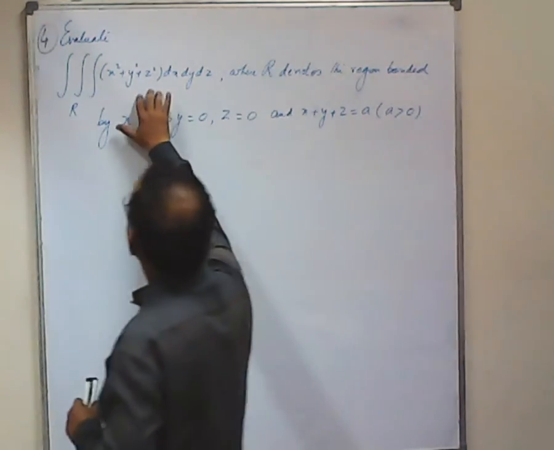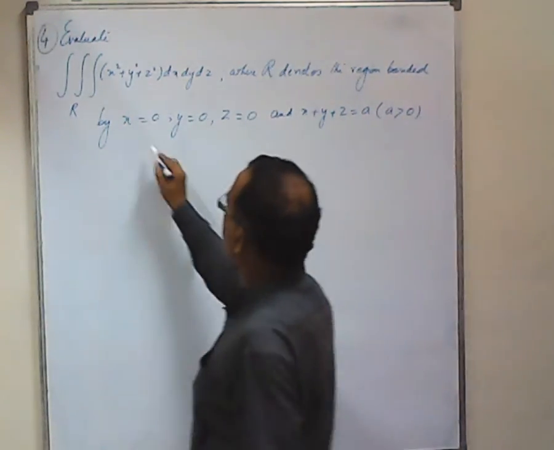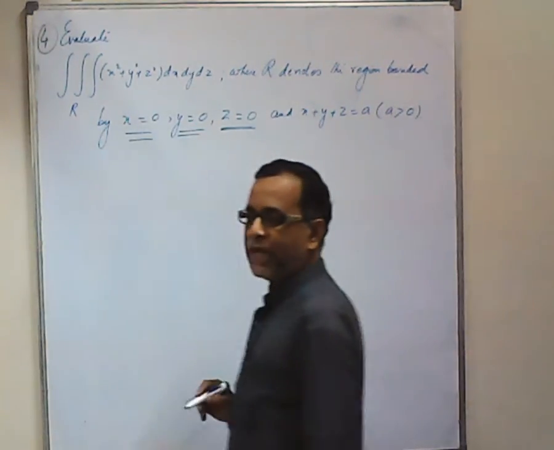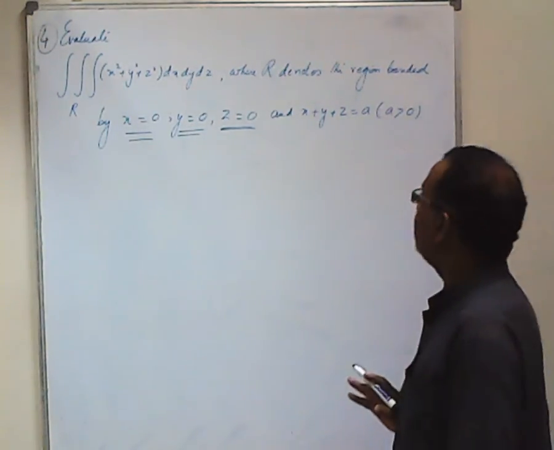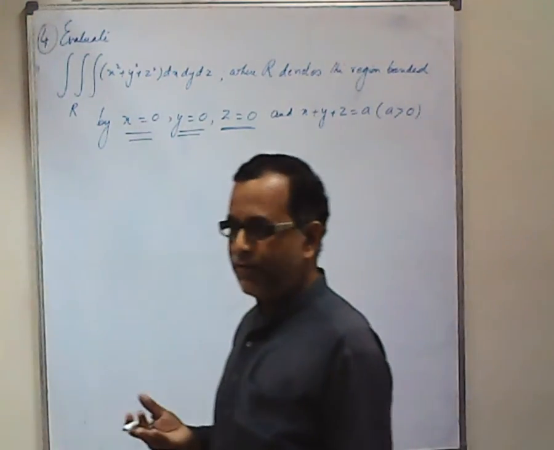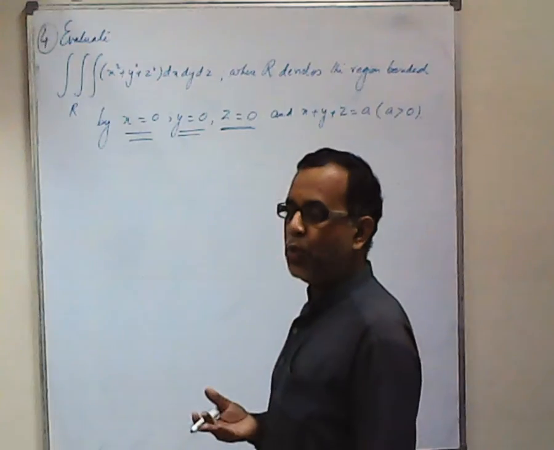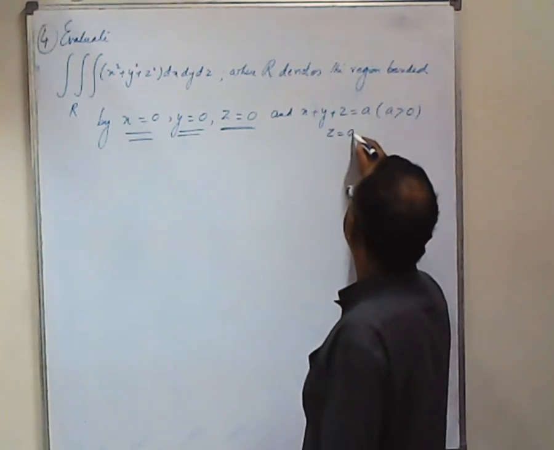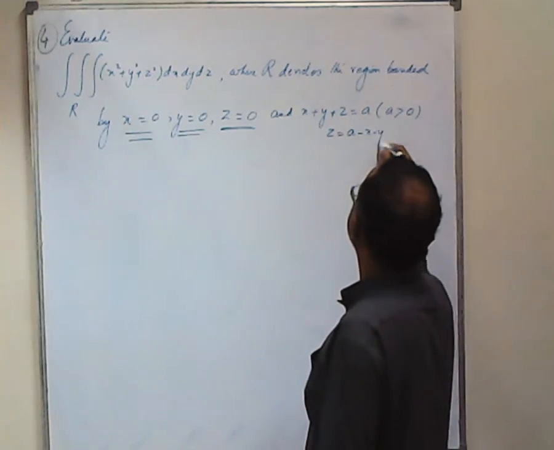So now I need to integrate this. Look at these 3 limits here, one each for x, y, and z. All 3 are constant. Let's say I like to integrate with respect to z first, so I need the second value of z. I can easily find the second value of z from here: a minus x minus y.